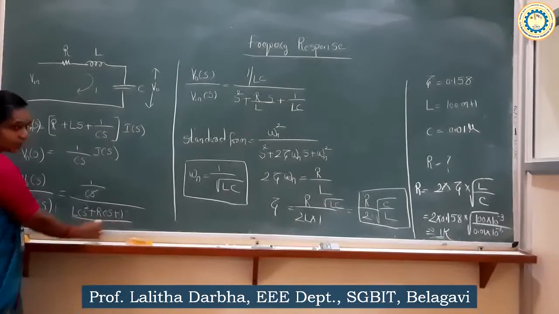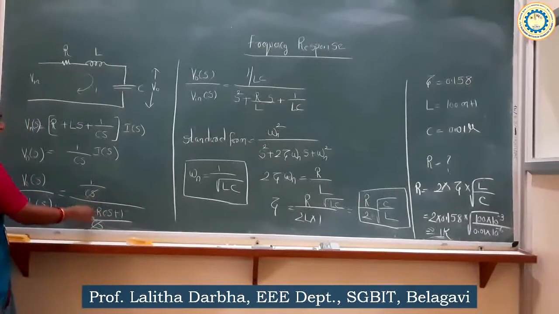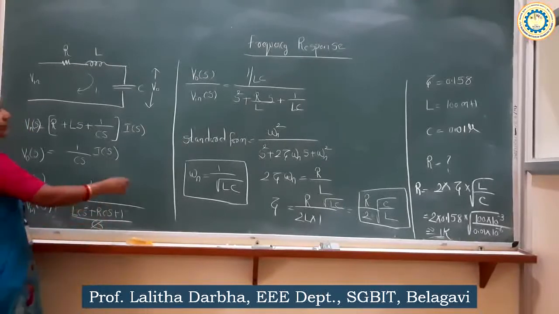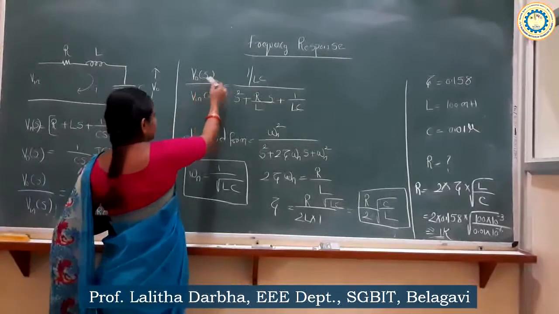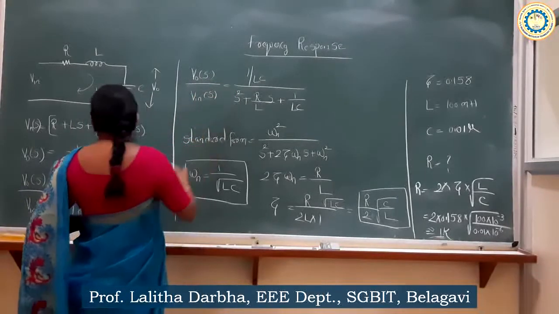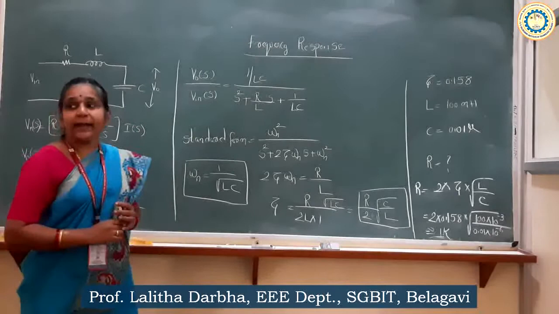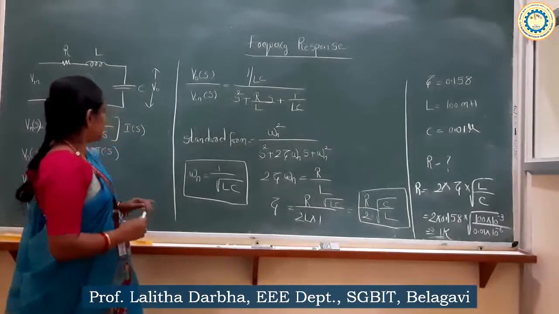So that is what we have written here. Cs and Cs get cancelled, and we end up with the expression V naught of S by V i of S is 1 by LCS square plus RCS plus 1.